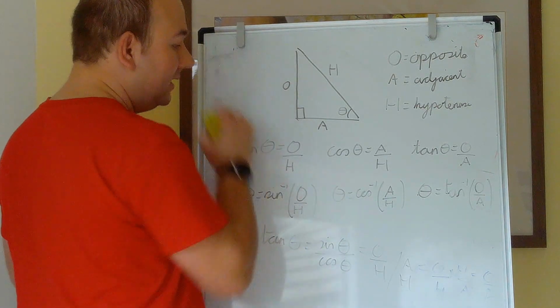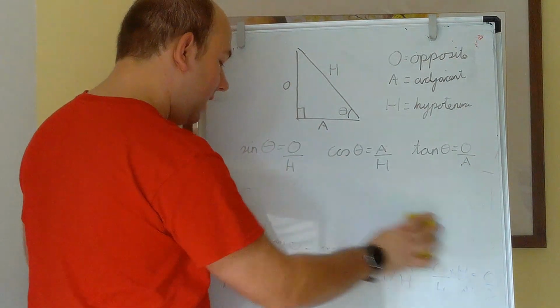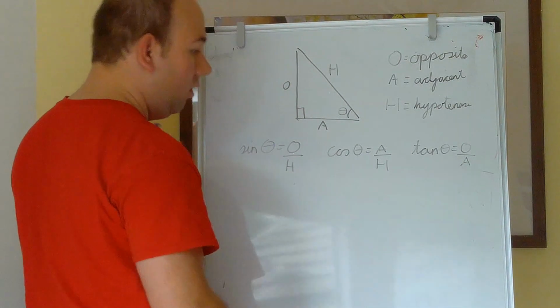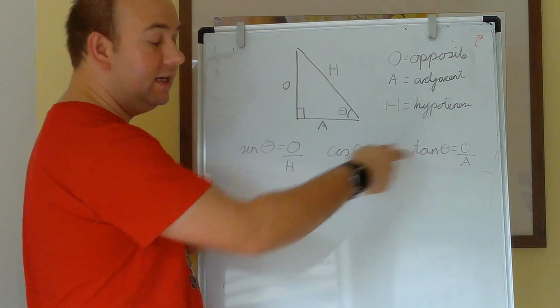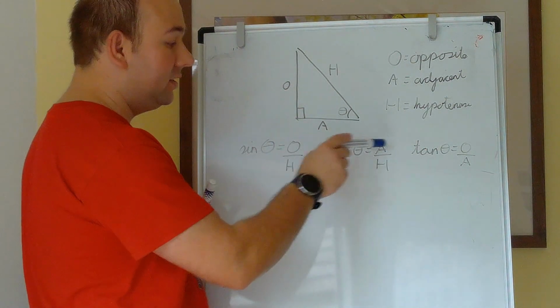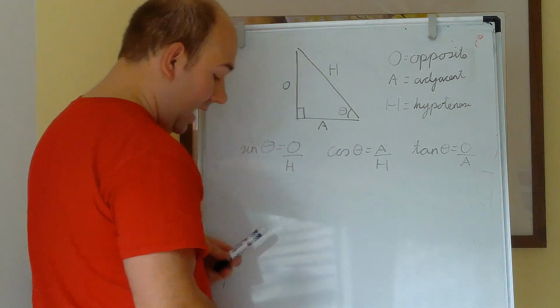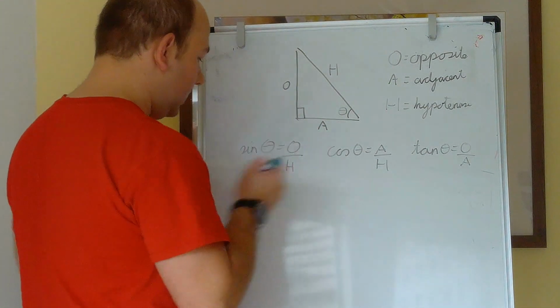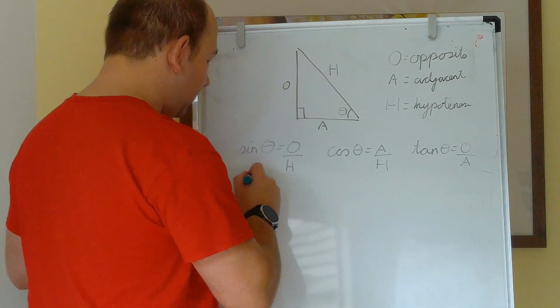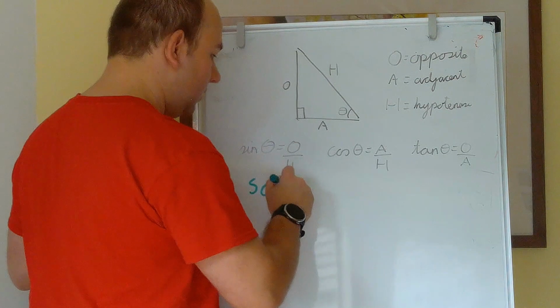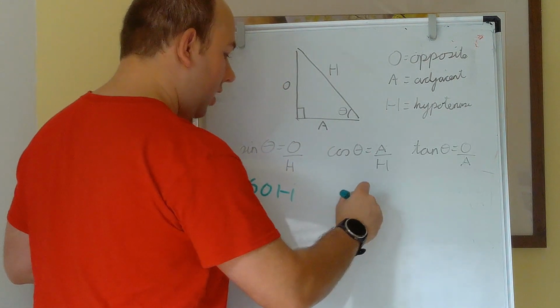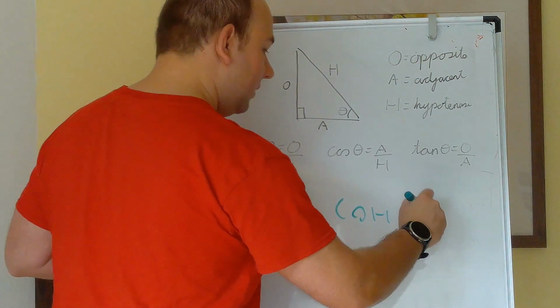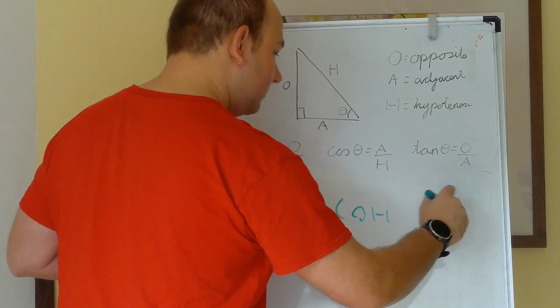Finally, there is a method that many people use for remembering which one of these has the O over H, the A over H, or the O over A, and that is known as Socatoa. So this would be the so, this would be the co, and this would be the toa.